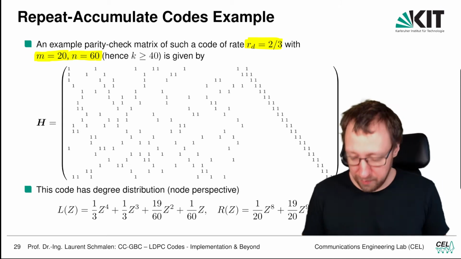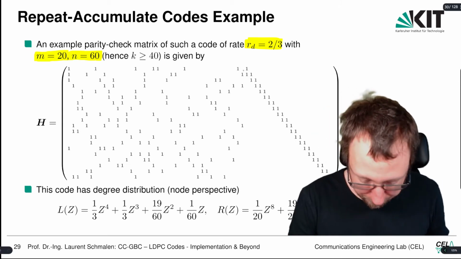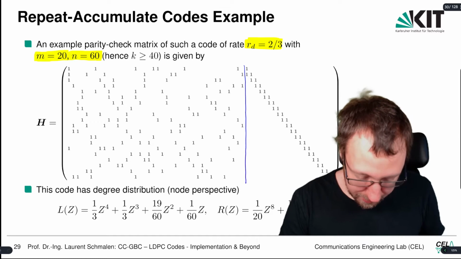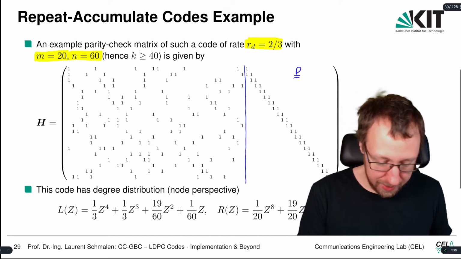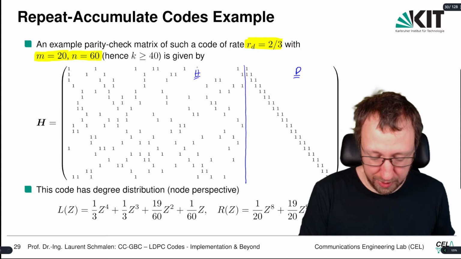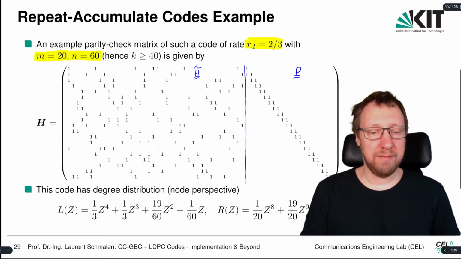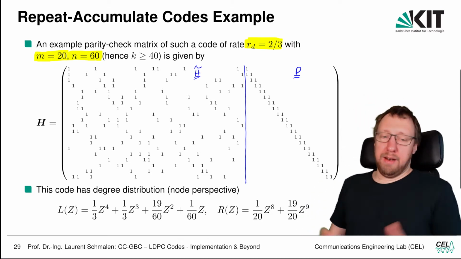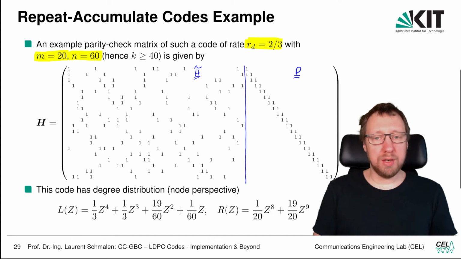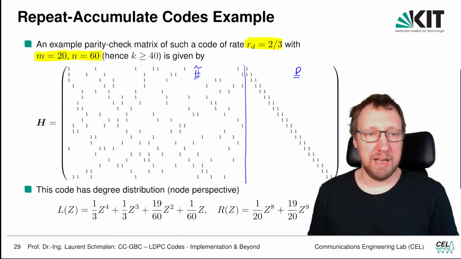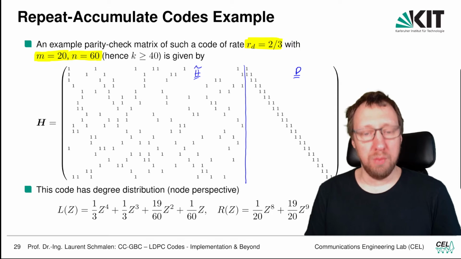Here we have the matrix D, and here we have the matrix H tilde. Here's the degree distribution of this code, and this is an example of a repeat accumulate code.